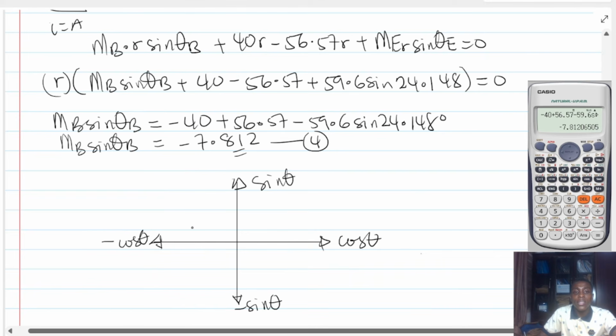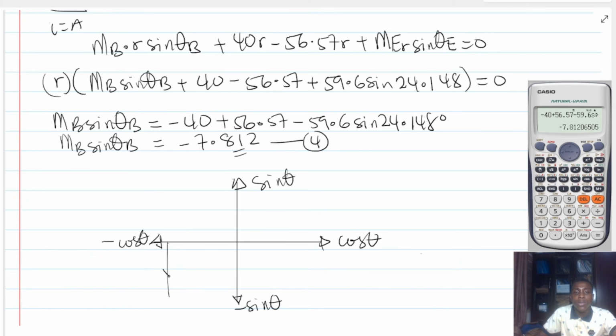Sine theta is negative, so it will come this way. Cosine theta is also negative. It means that our theta is here. So if I want the angle it makes with the positive x-axis, then I'm coming all the way here.